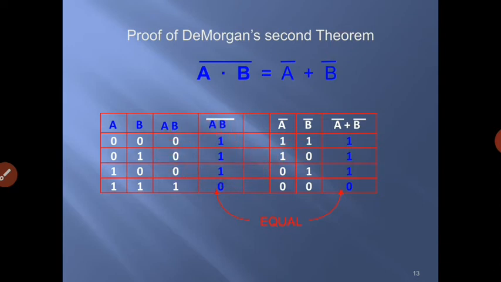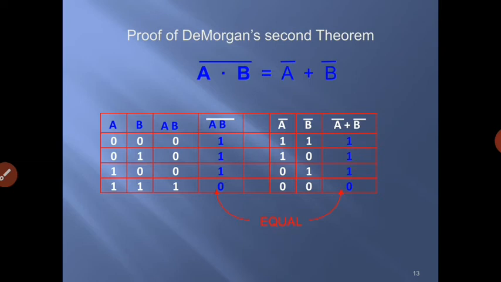For the second combination 0 1, AB will give you 0, AB whole bar will give you 1, A bar is 1, B bar is 0, so 1 plus 0 will give you 1, and again AB whole bar is equal to A bar plus B bar, which is 1.